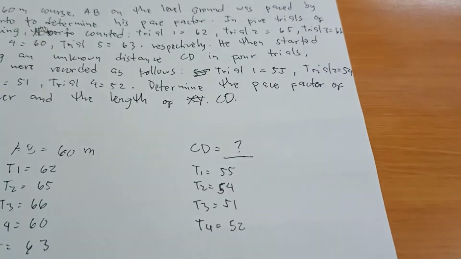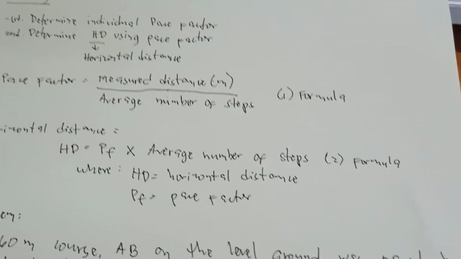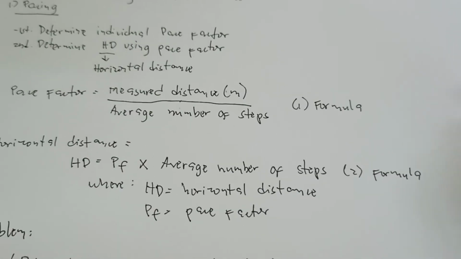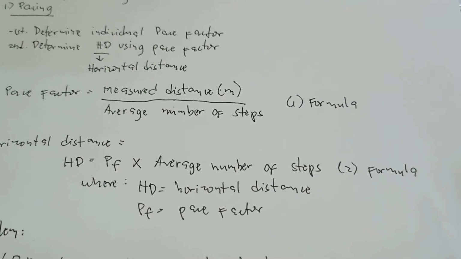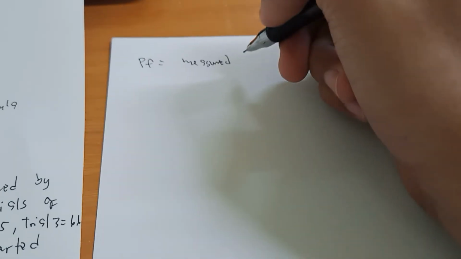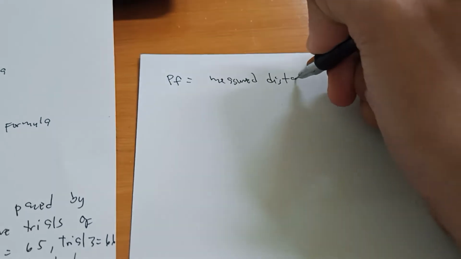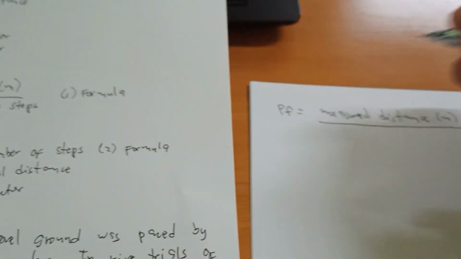First, we need to get our pace factor. So we go back to the formula for pace factor. That is PF is equal to the measured distance in meters over the average number of steps.